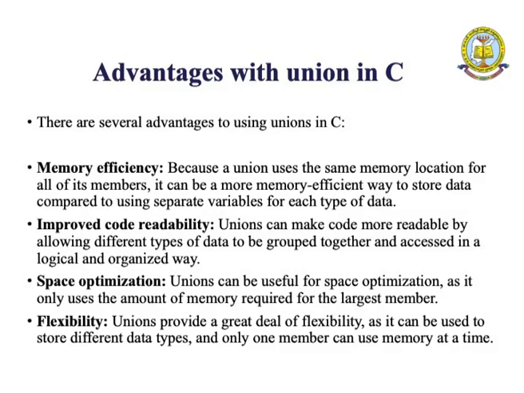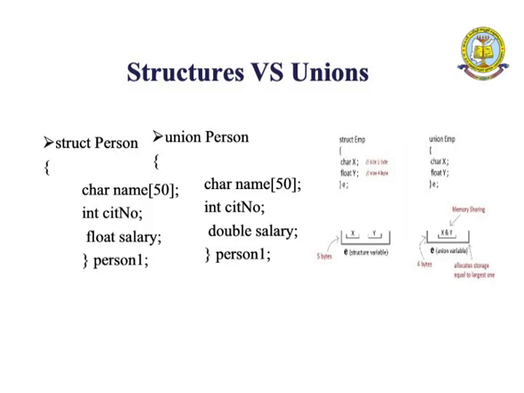So, here you can see the difference. Here in struct person, the data types char, int and float have been used. The char data type is 2 bytes, int is 4 bytes and float is also 4 bytes, so a total of 10 bytes will be allocated here. If you see this union, char is 2 bytes, int is 4 bytes and double is 8 bytes.